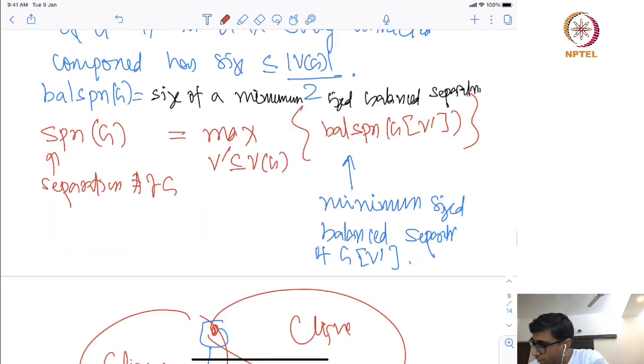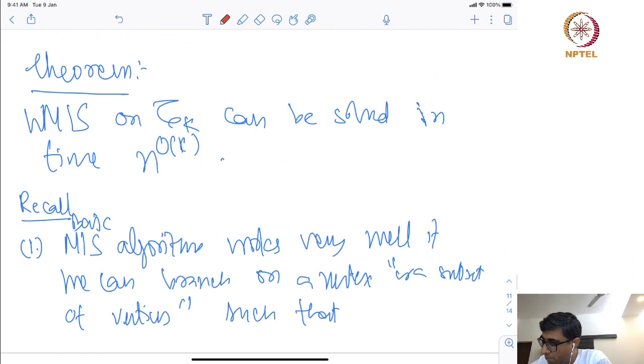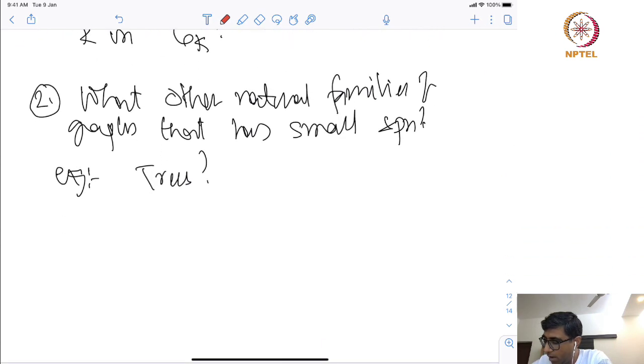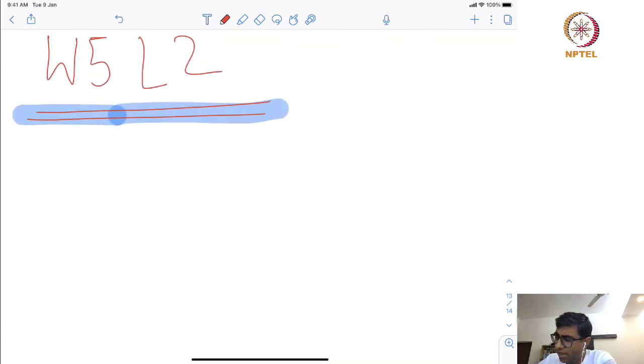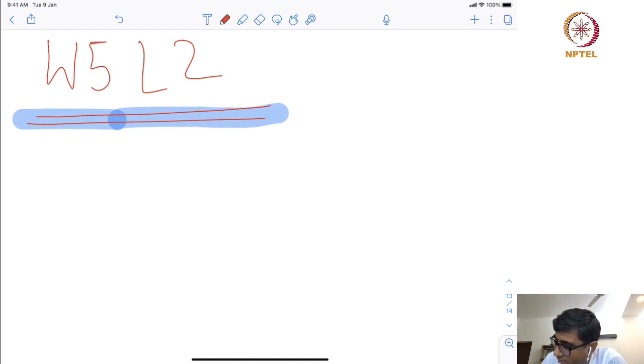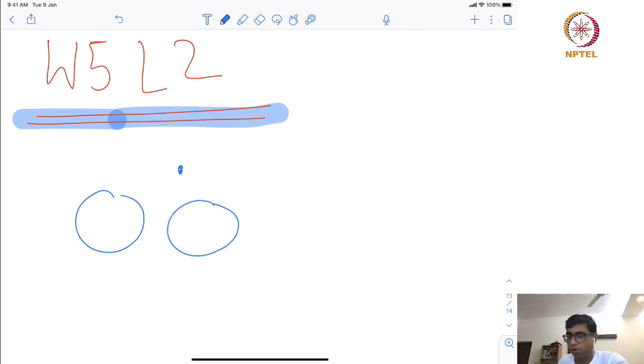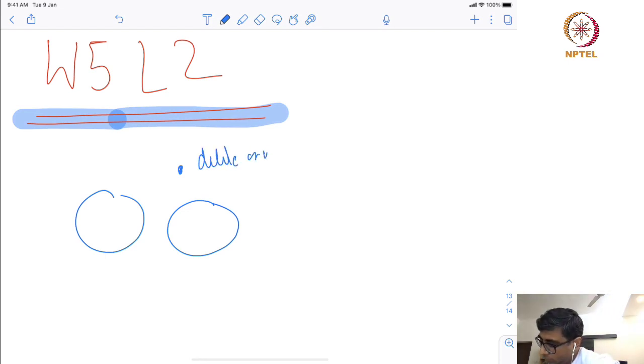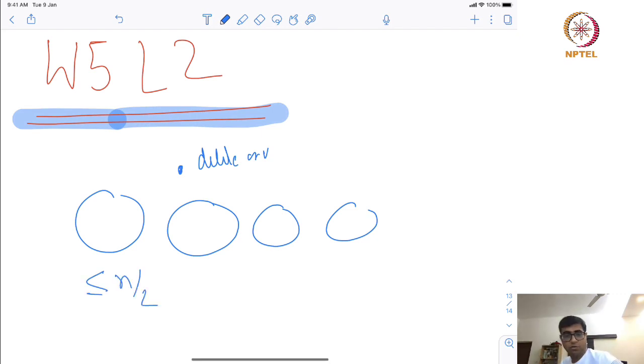Now, notice that whenever I was trying to make this MIS algorithm, I tried to write this recurrence, which you may not even be happy with. There are only two subproblems, but in general, when I delete one vertex, I could get several components. Maybe each of them has size at most n by 2.